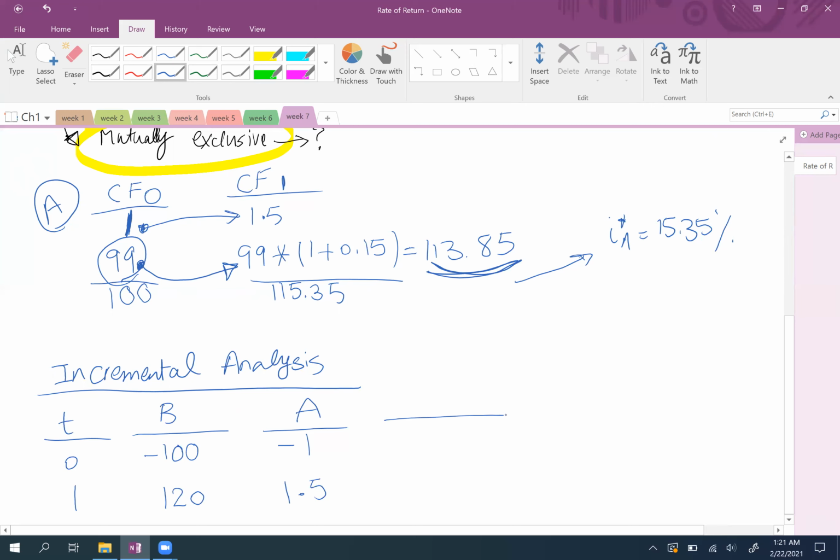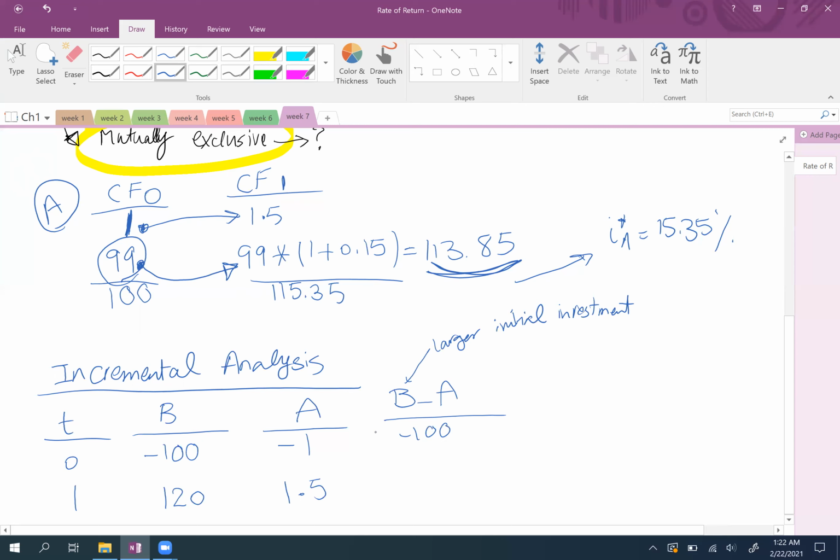So let's just calculate the difference between these two alternatives, B minus A. We always go with the larger initial investments minus the smaller investments.